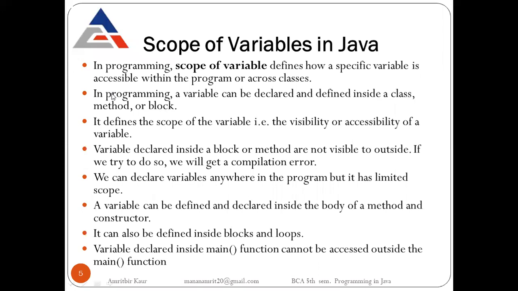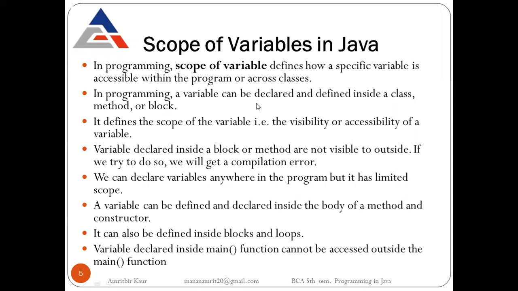So in programming, scope of a variable defines how a specific variable is accessible in the program or across classes. In programming, a variable can be declared and defined inside a class, method, and block.